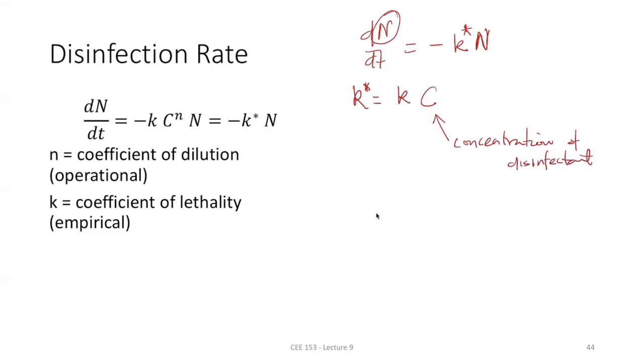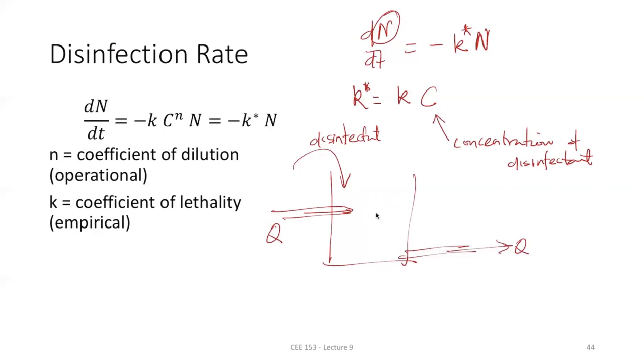This is the process where you add disinfectant at a certain rate, and you also have a flow Q of water coming in and water going out. So when you add disinfectant, it becomes diluted. Even though you are adding C here, it becomes diluted to a certain value, a lot less than that.